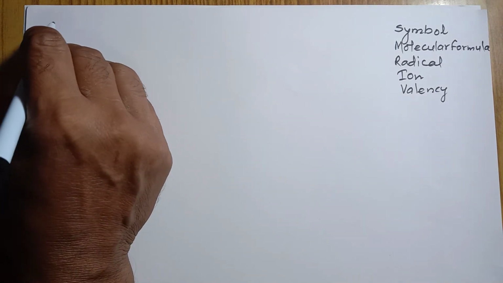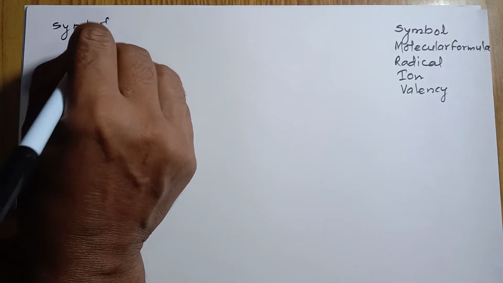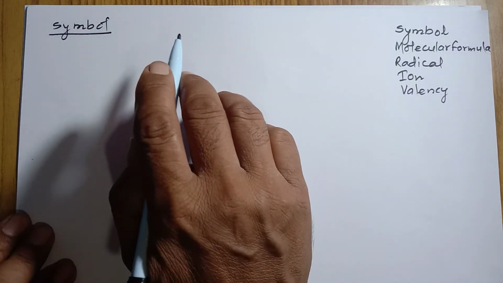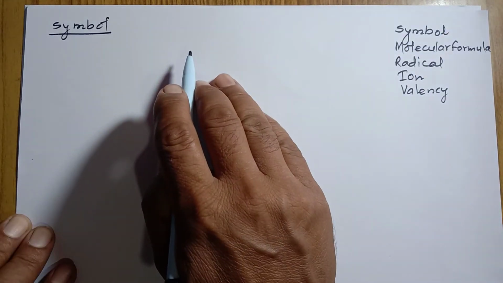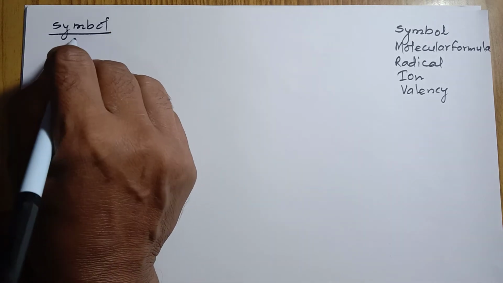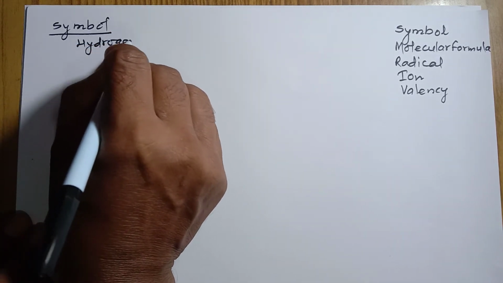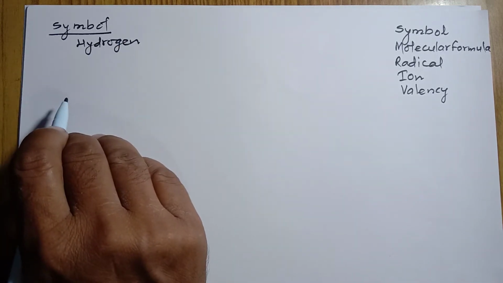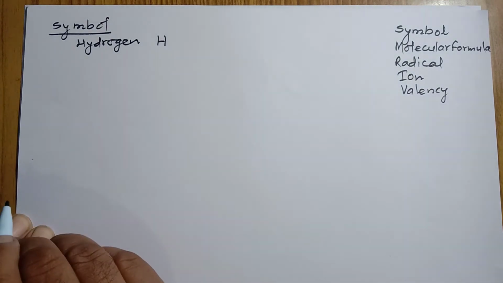What is symbol? Symbol is the abbreviation for the full name of an element. Just for example, hydrogen. This is an element. The full name of the element is hydrogen, and its abbreviation H is used as a symbol.